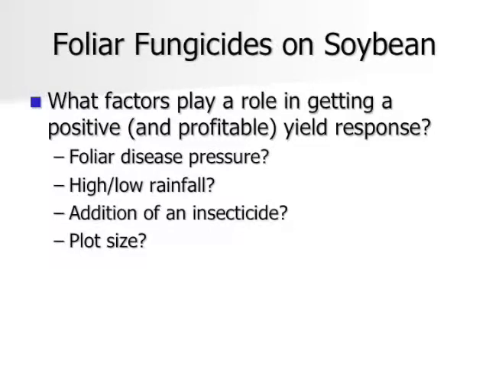Of course, disease pressure, as we had looked at with the corn data. Also rainfall, as we had looked at with the corn data. But we had an opportunity to also evaluate fungicides with and without foliar insecticides. And we also had an opportunity to look at plot sizes in some later trials that we conducted that we'll talk about here in a minute.